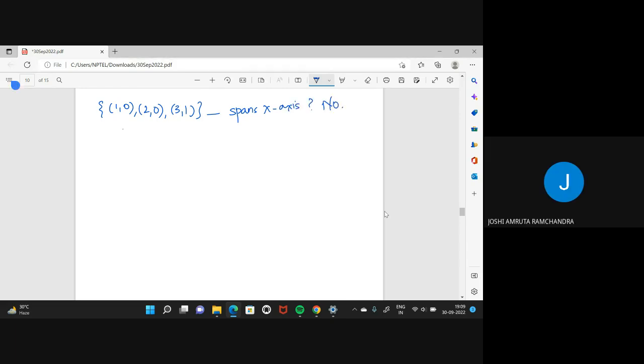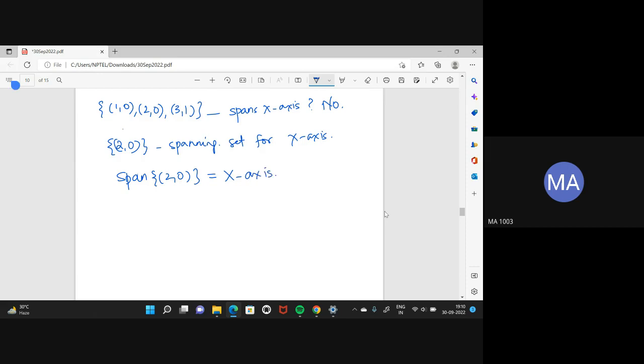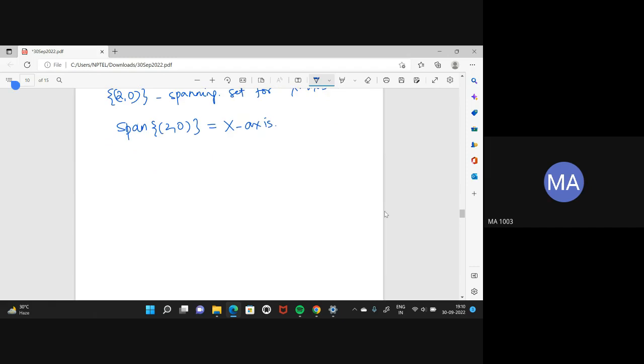Ma'am, can you say (2, 0) is spanning the x-axis? Why? So the question is, is this a spanning set for the x-axis? Spanning set of the x-axis means span of (2, 0) should be the x-axis. Agreed? If this is the case, then (2, 0) is a spanning set for the x-axis. How does any element in the x-axis look like? (a, 0).